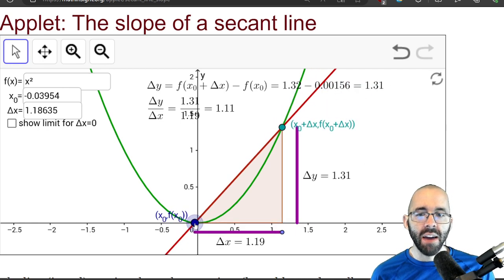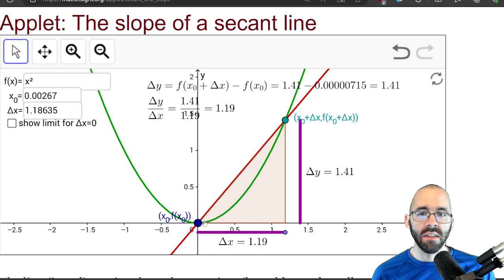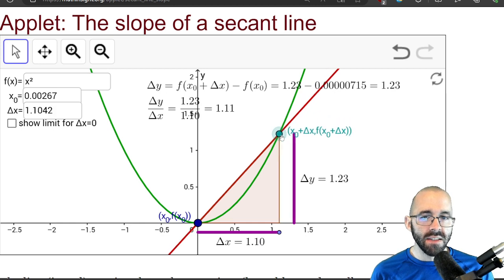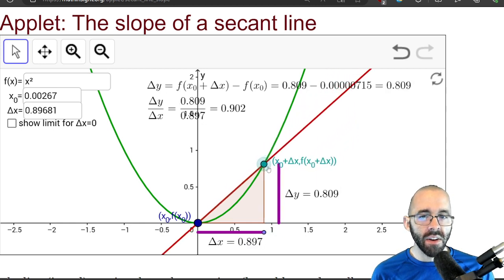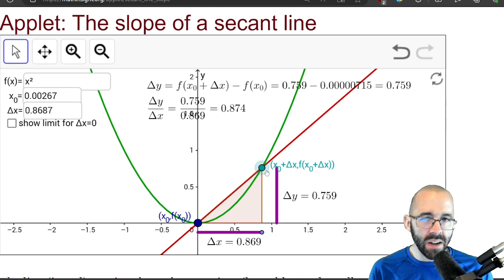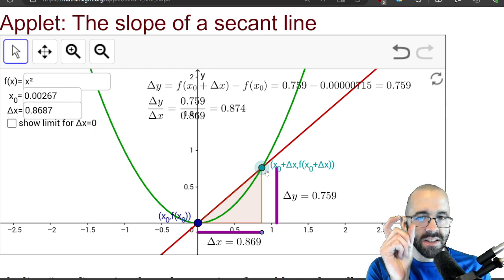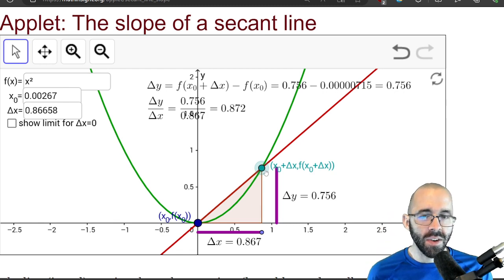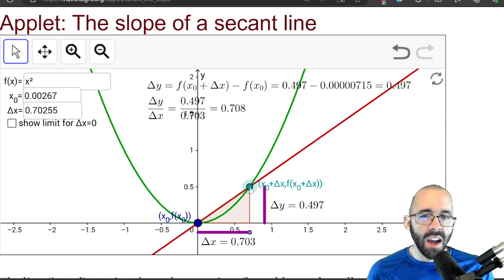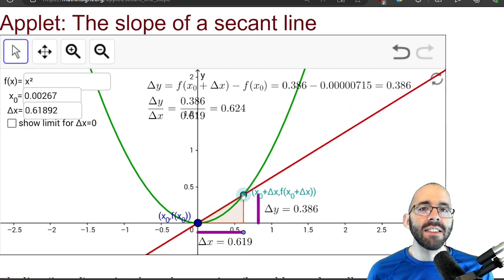So right here, we have the average rate of change between, I don't know, x equals 0 and x equals 1.2 about. And now as the points get closer and closer together, we're getting the average rate of change over a smaller and smaller interval. And we want the idea of an instantaneous rate of change.